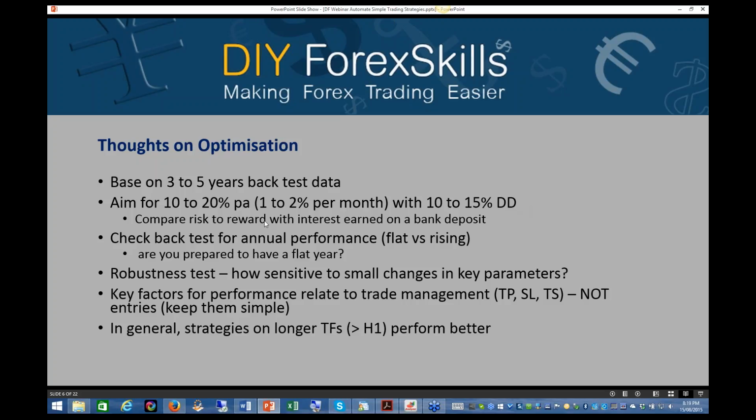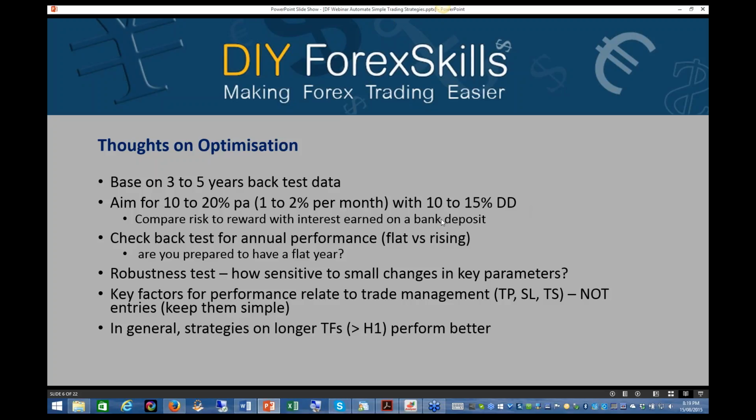What I think we need to do is compare the risk to reward that we can get with Forex trading compared to what we can if we place our money with the bank. Now, if you're in America or a lot of other countries, you probably won't get much interest, but in Australia, you can still get about 3% per annum interest on a term deposit, and that's with virtually zero risk.